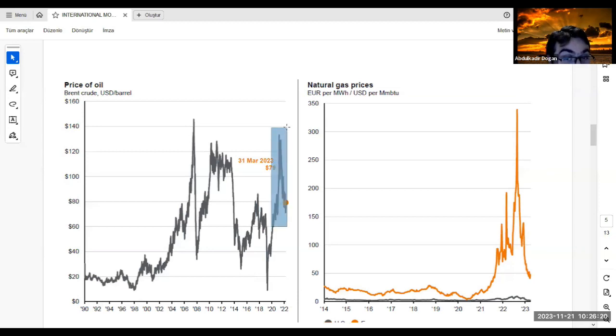And after that, when Russia and Ukraine entered a war, all countries around the world supposed that Russia would cut all oil supply to the rest of the world, and because of the supply restriction, the prices reached approximately 130 per barrel again.